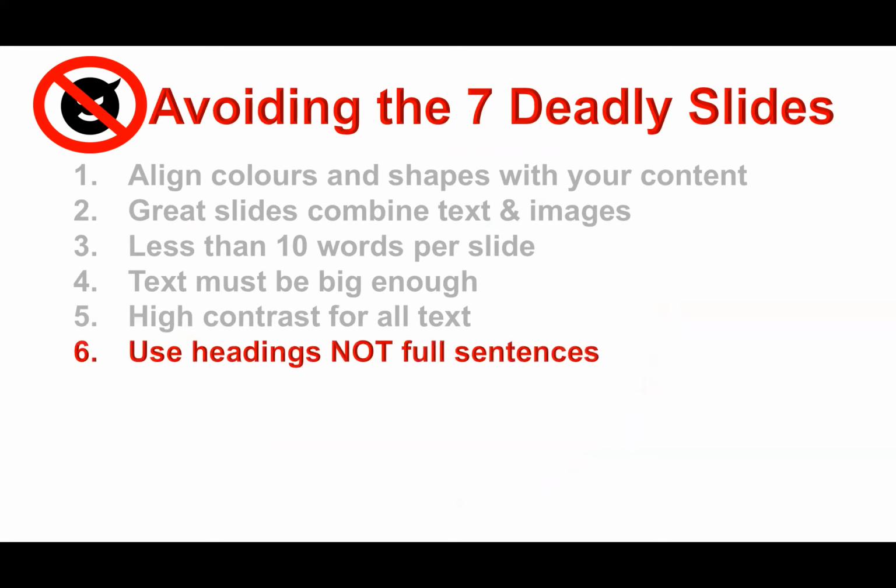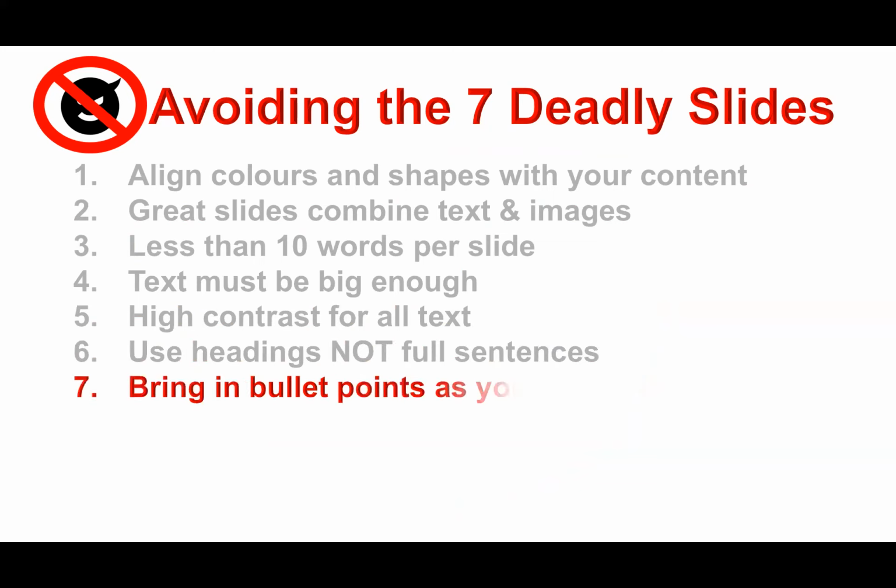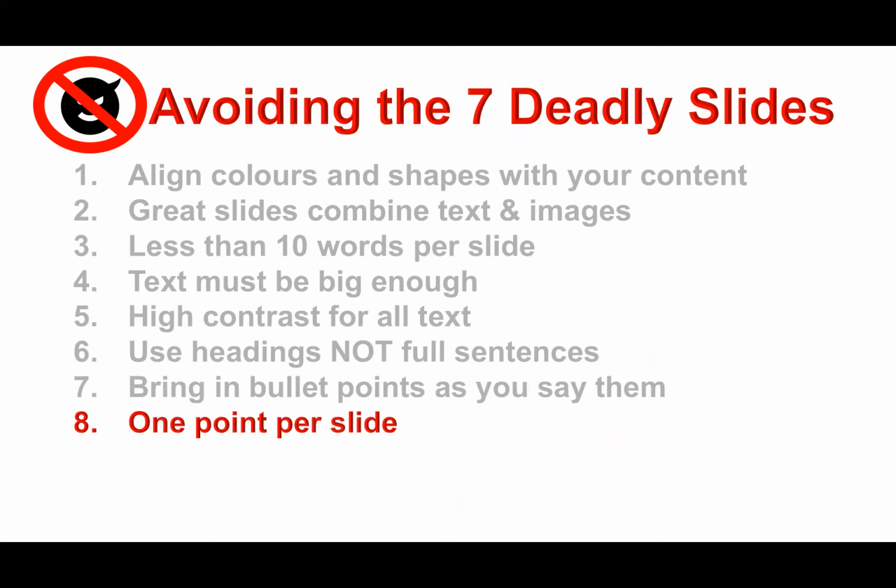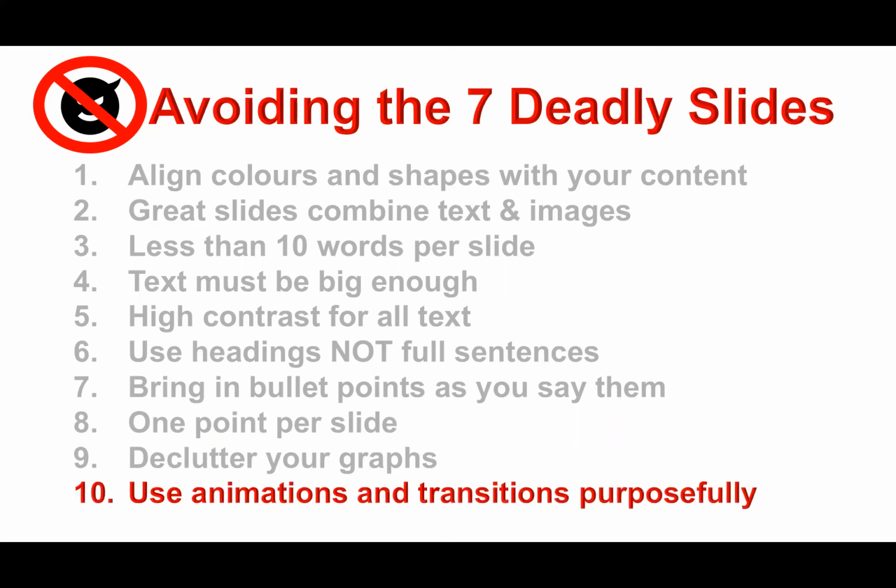Use headings, not full sentences. Bring in bullet points as you say them. Only have 1 point per slide. Declutter your graphics and use animations and transitions purposefully. And then you will make your slideshow perform for you.